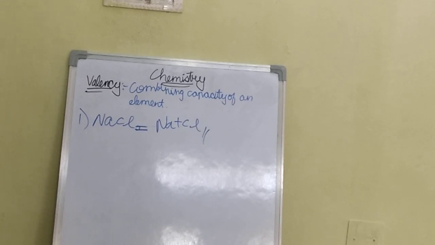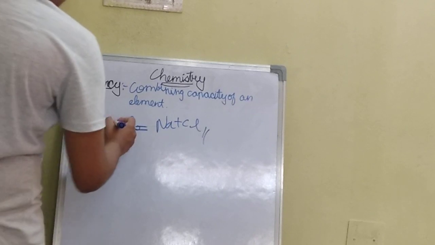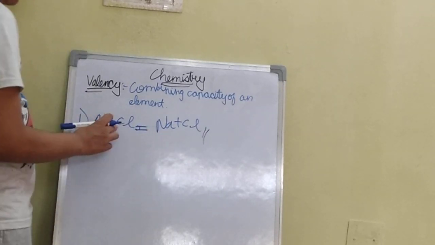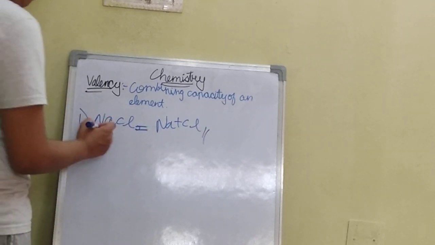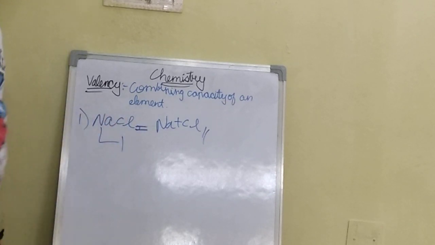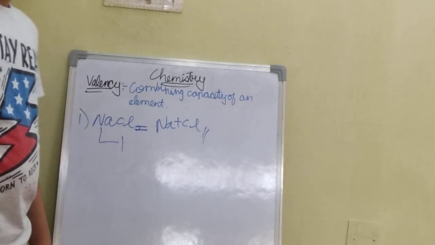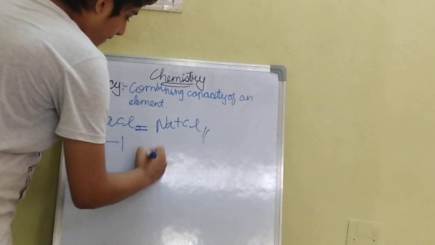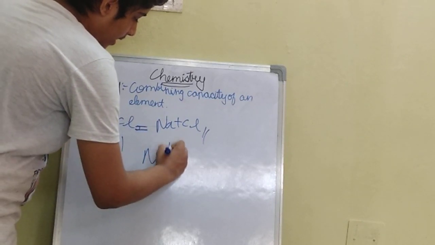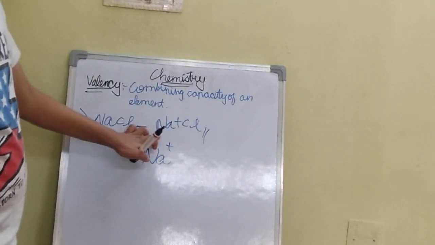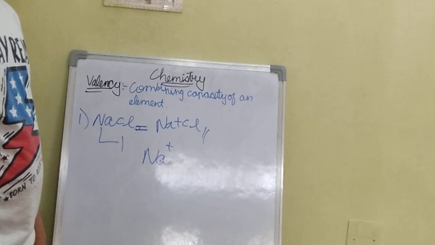Now, what is the meaning of valency of NaCl? NaCl is nothing but sodium chloride. What is the valency of Na? How do you know? Because Na plus is due to the loss of electron.